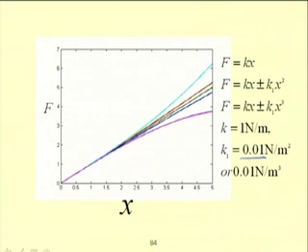So, one can see up to a certain position the force versus displacement response is linear, and after that the response is nonlinear. So, this is for plus minus k1 x square, and this one is plus minus k2 x cube.